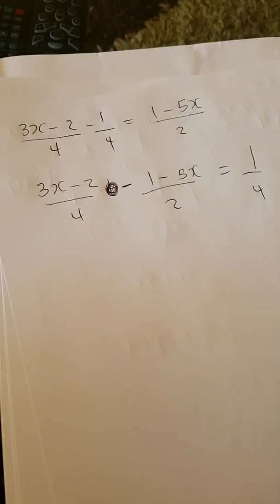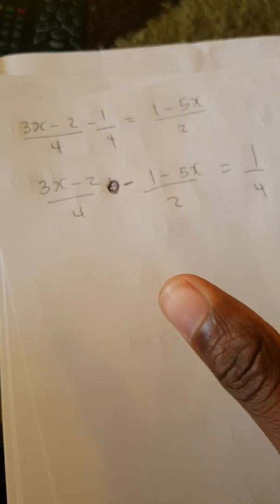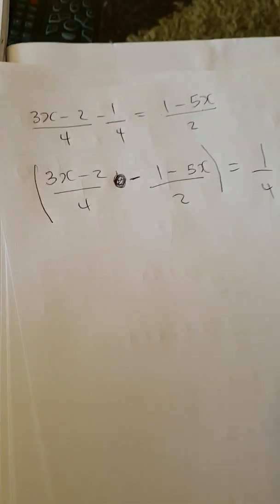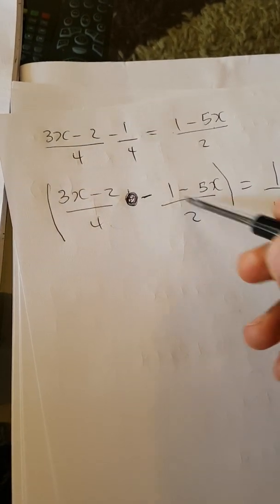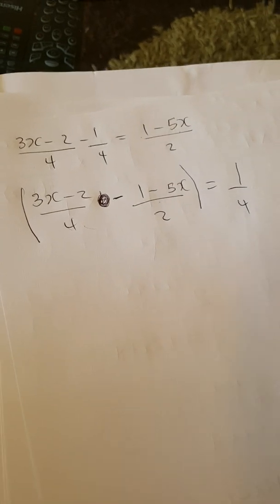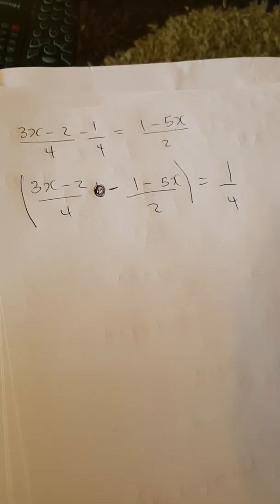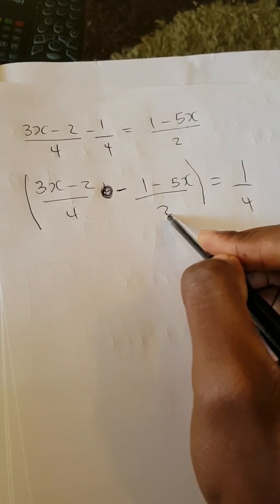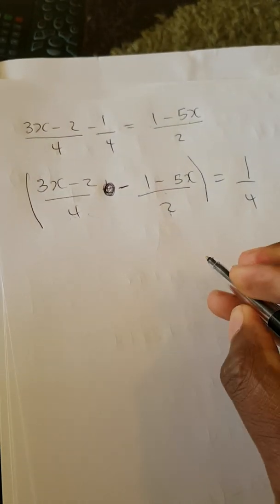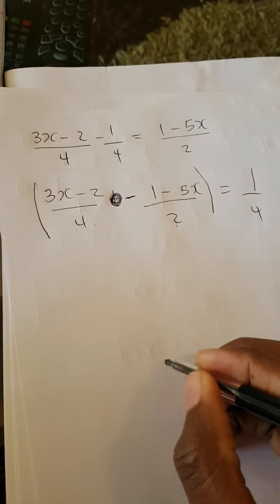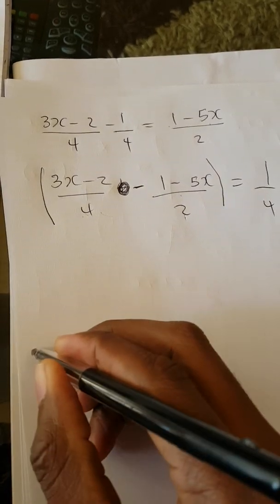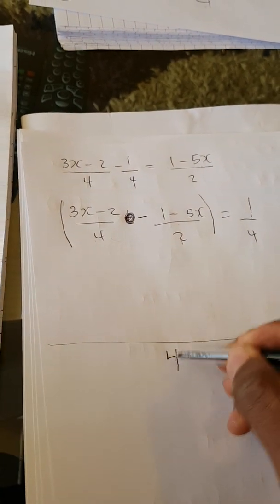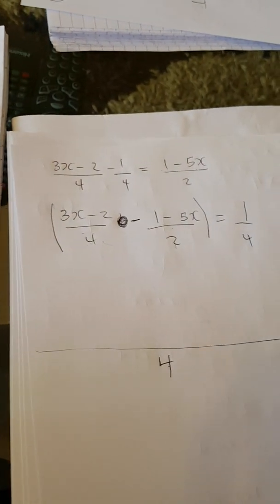Okay, now you grouped your like terms, so what we need to do is to simplify these first two fractions, and then when you finish simplifying the first two fractions, you'll cross multiply to solve for x. So now, since the denominator 2 can go into 4, let's use 4 as our LCD. So 4 comes here, it will be our LCD. So then let's simplify. This 4 must divide the other 4 and multiply 3x minus 2.